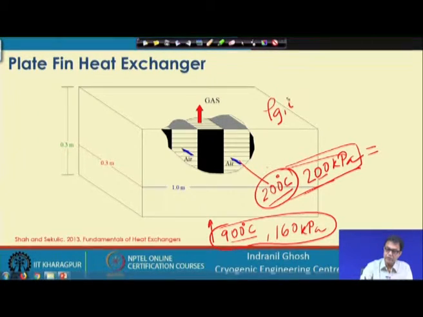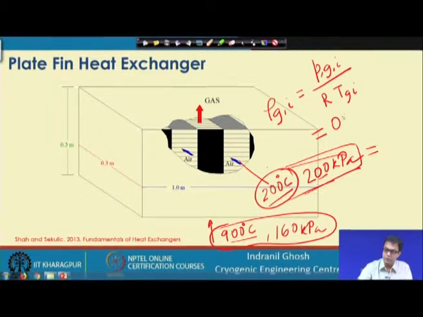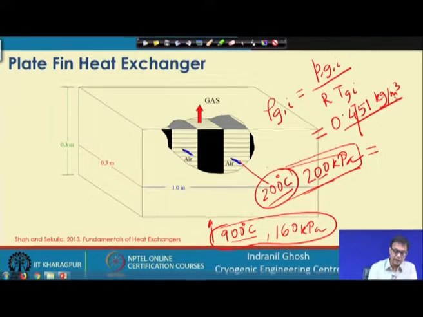Then rho g equals P g i divided by R T g i, and if we put in the values, we will get 0.4751 kg per meter cube as the density of the gas at the inlet.